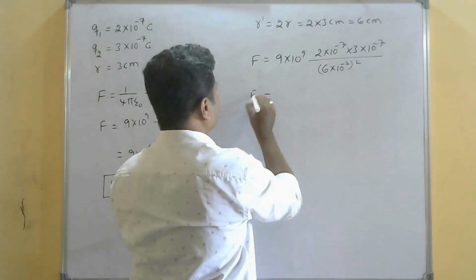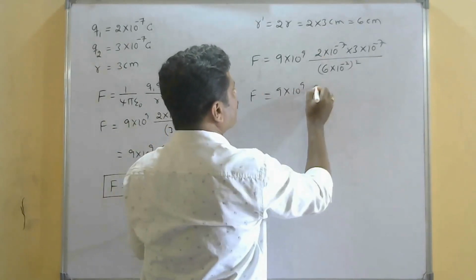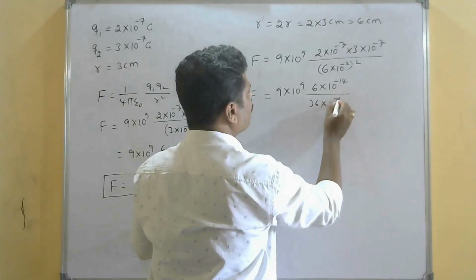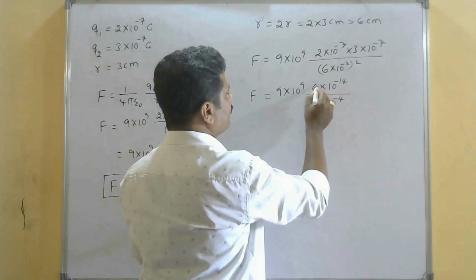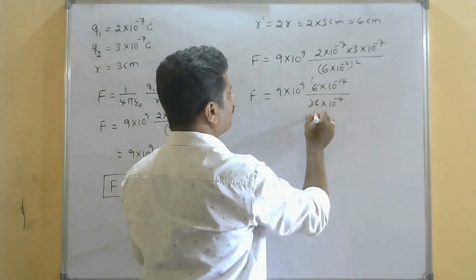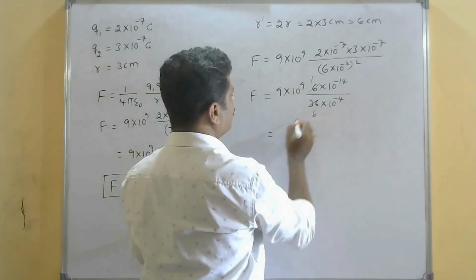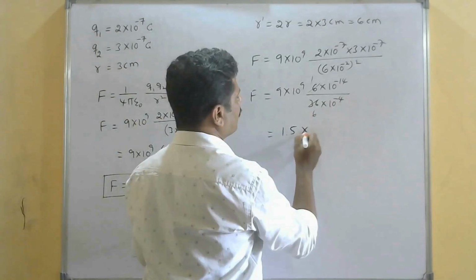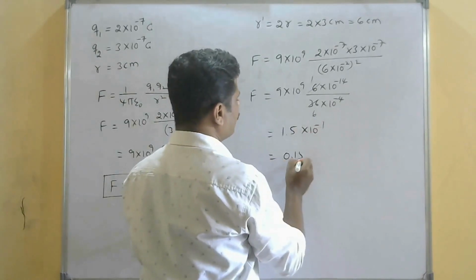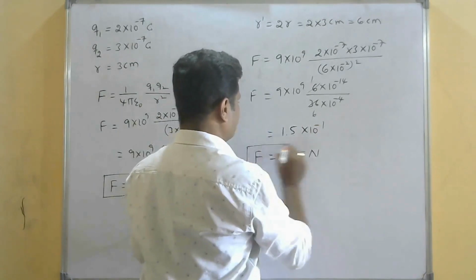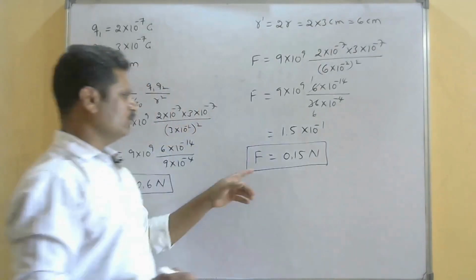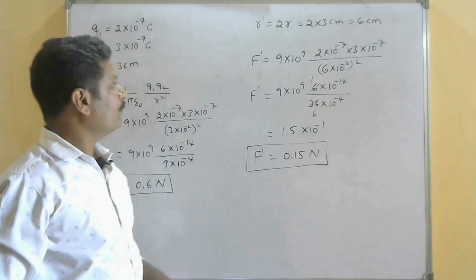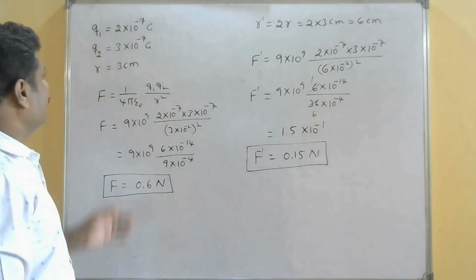This equals 9 times 10 raised to 9, 6 into 10 to the power of minus 14, divided by 36 into 10 raised to minus 4. On simplifying, we get 0.15 Newton. Let me take this as F dash, so F dash equals 0.15 Newton. Whenever we double the distance, the force becomes like this.